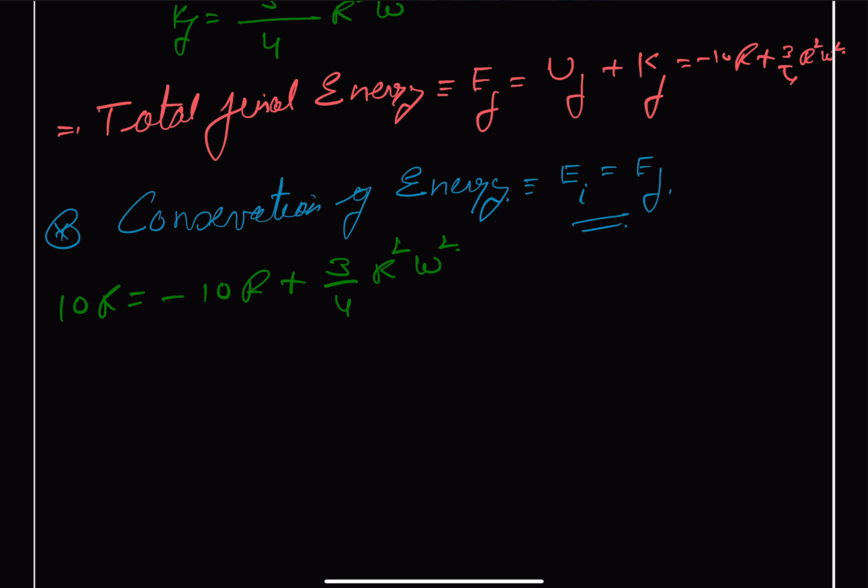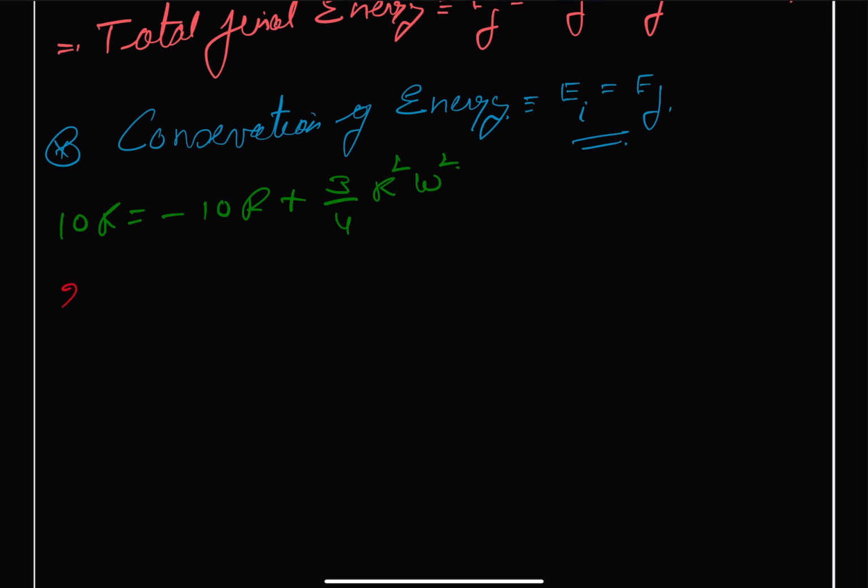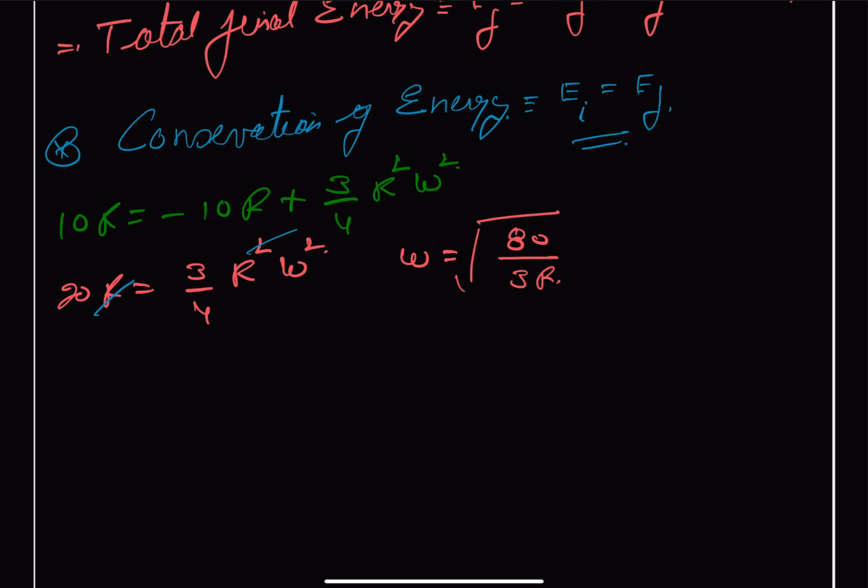Now it is a simple calculation. From here we get 20 r equal to 3/4 r square omega square, and this r and this square go away, and we get that omega will be equal to the square root of 80 divided by 3r.